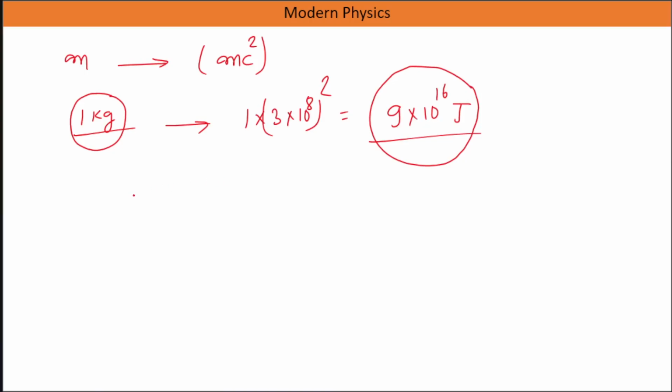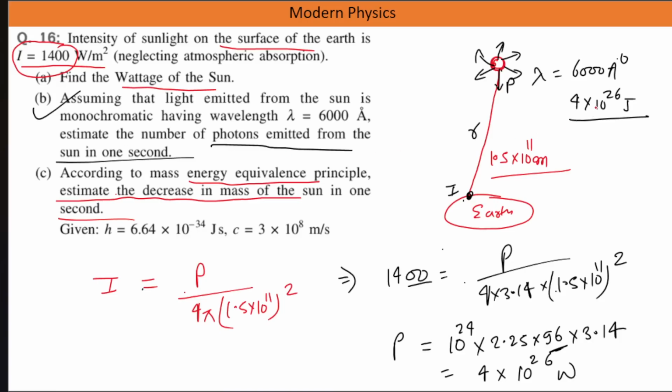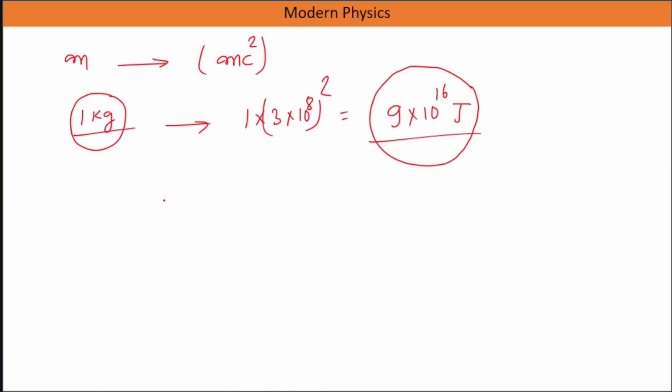But per second, how much energy is coming out? That was your 4 into 10 to the power 26 joule, right? So 4 into 10 to the power 26 joule of energy is coming out per second. So how much mass is getting consumed? For 1 kg, this much energy, and 1 joule of energy means 1 by 9 into 10 to the power 16 kg.